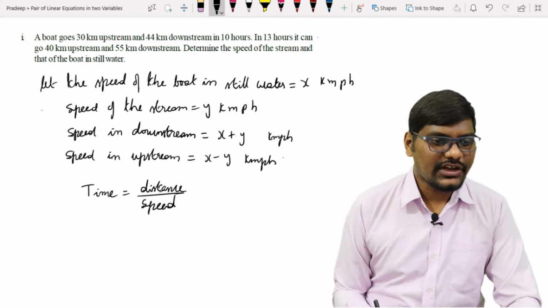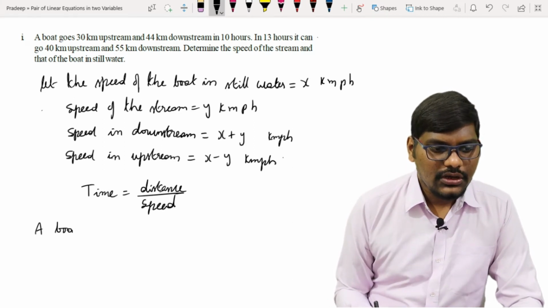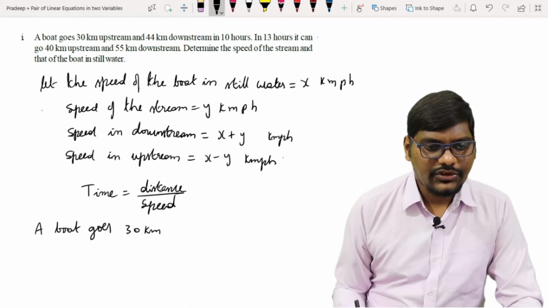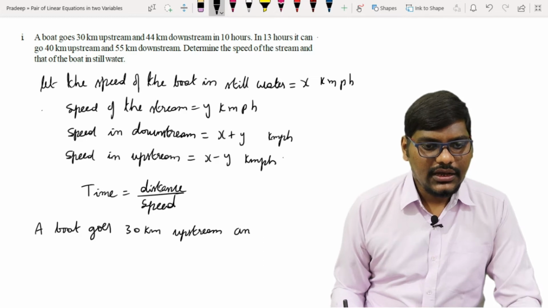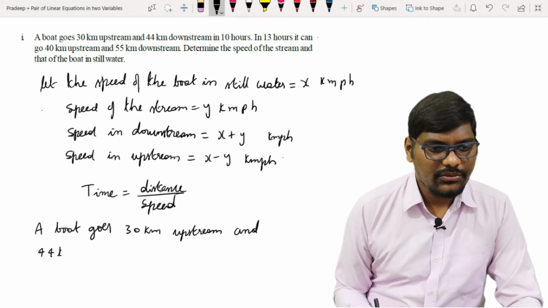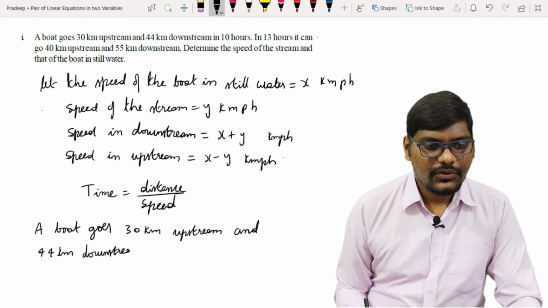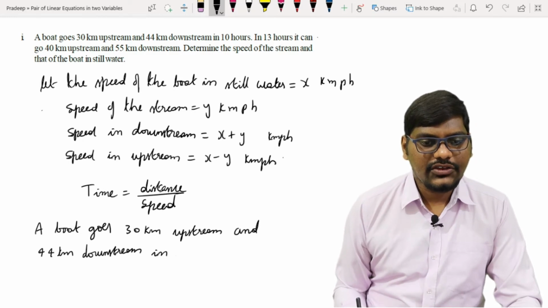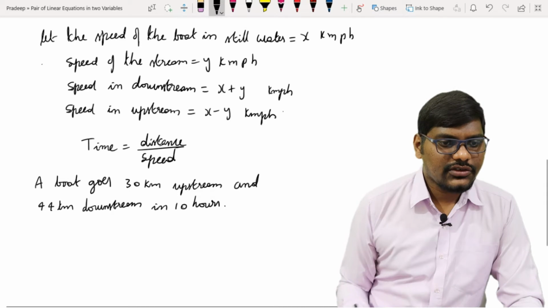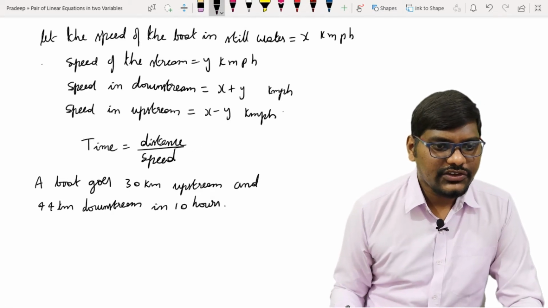We'll see the very first condition: a boat goes 30 km upstream, and the same boat goes 44 km downstream. This is happening in just 10 hours. So we can write this as distance by speed.